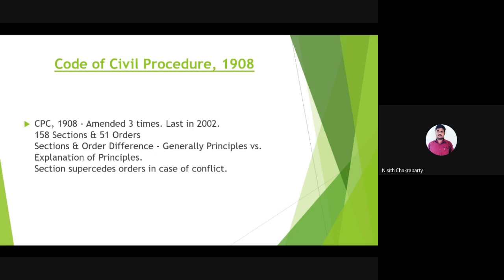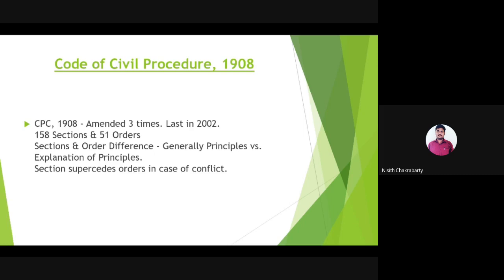Another advantage of having orders along with sections is that orders can be delegated to be amended by the high courts, while keeping the sections intact. Sections will be amended only by Parliament. Orders can be amended according to the suitability of the different regions.